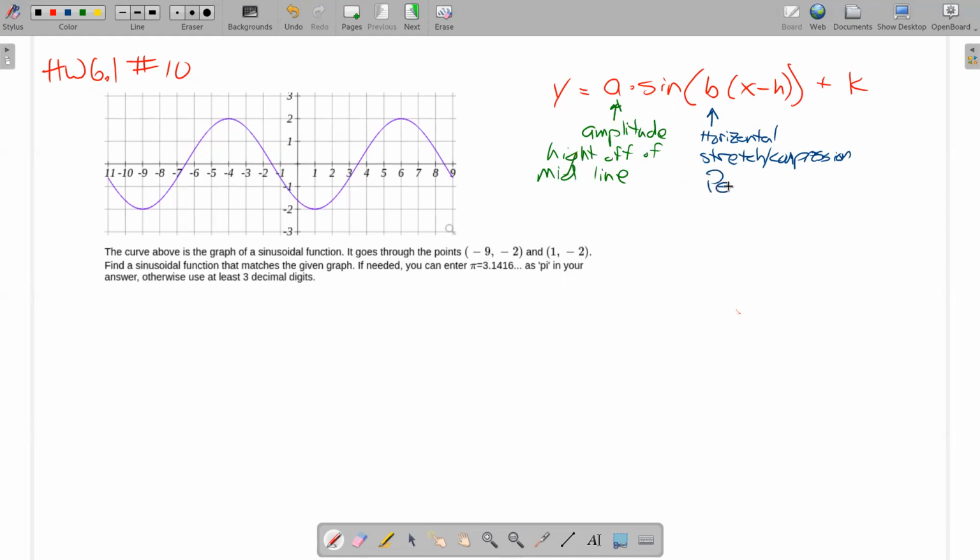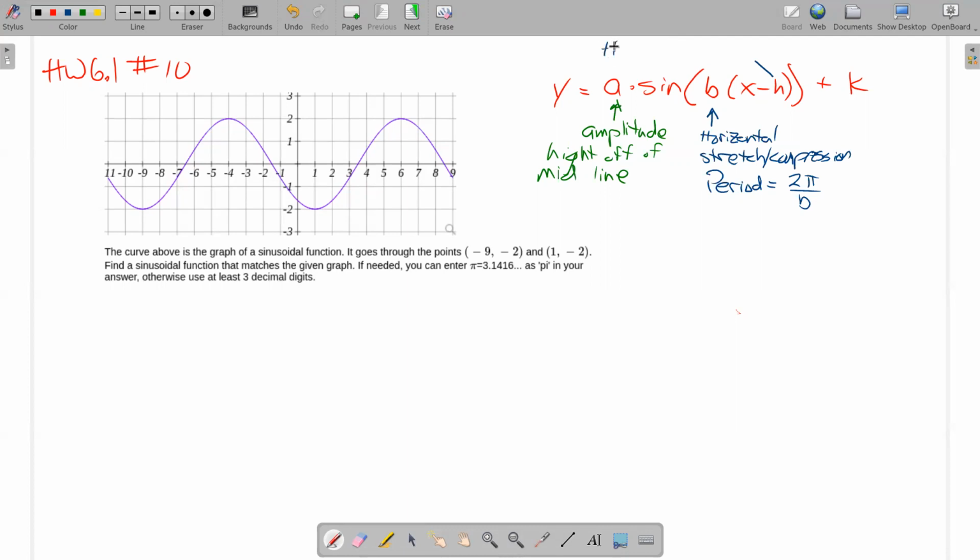And so we can find the period by taking what the period used to be of the normal sine or cosine, 2 pi, and dividing by whatever that number b is. So we can establish the period there. H is just a shift from where it started. So we also call that a phase shift.